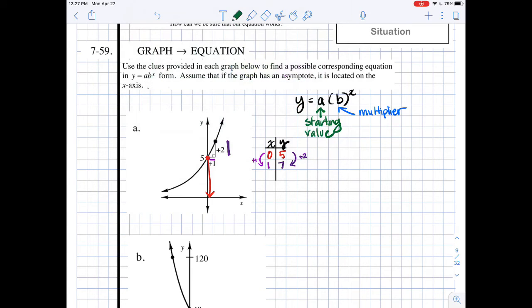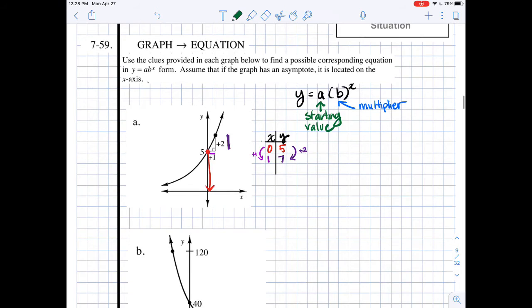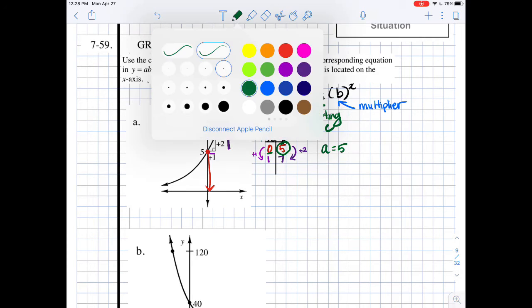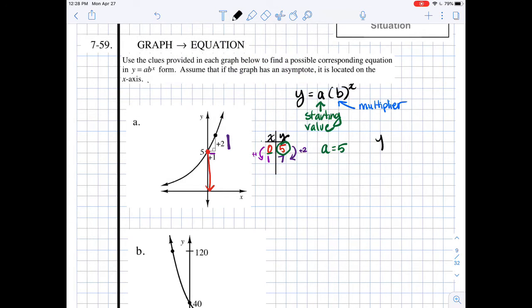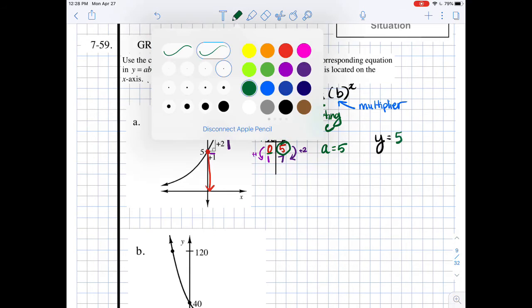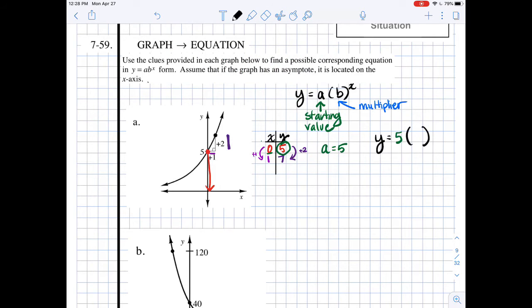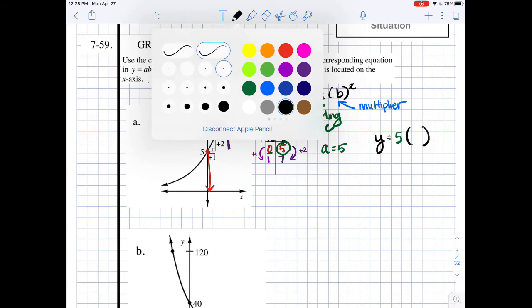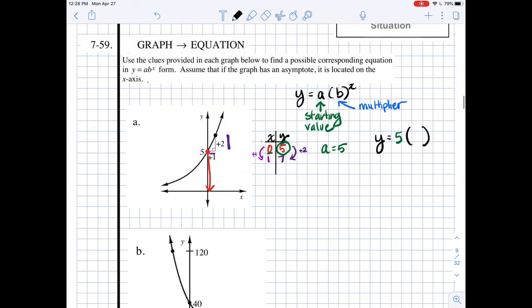So we know in order to get the starting value, we need to look at x equals 0. And our value is going to be 5. So a is equal to 5. So let's write our equation. And we just need to find our multiplier. So in the previous problems, you were able to find the multiplier by multiplying.